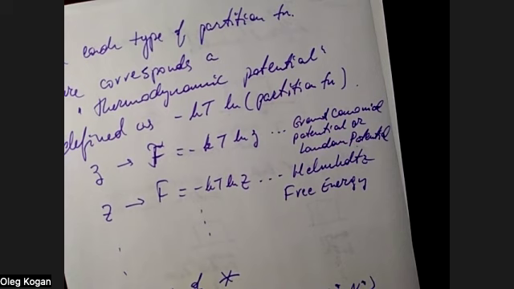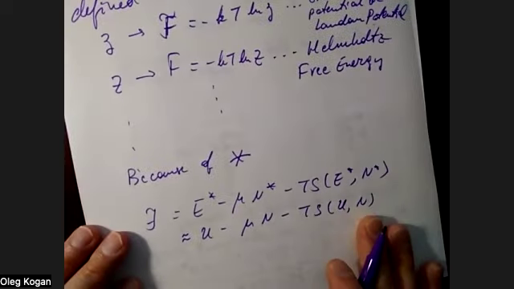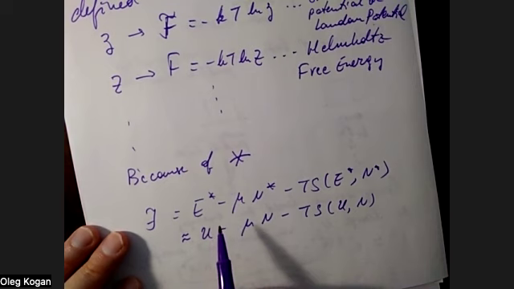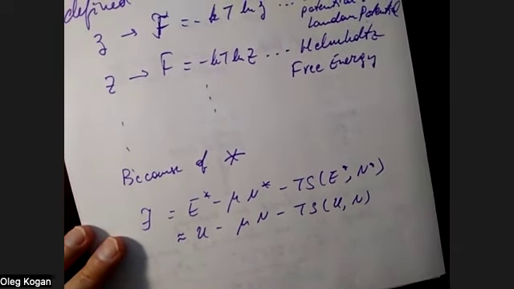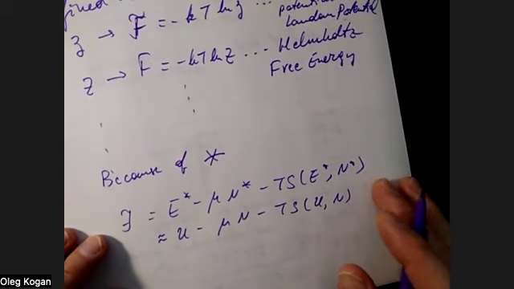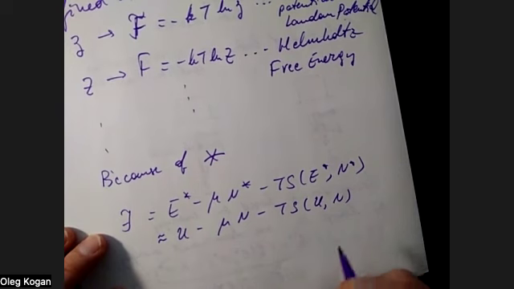Remember, star means the optimal value, the optimal energy. That's by far the most likely energy, which is basically the same as the average energy. It's the only energy that the system is going to have, except for a teeny tiny fluctuation. So we just write it like this.